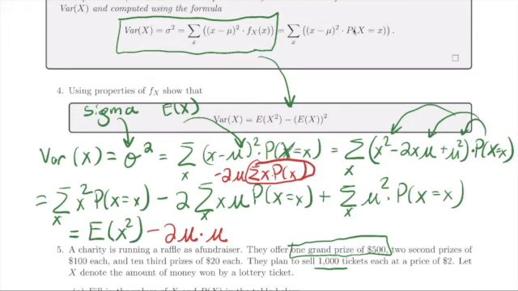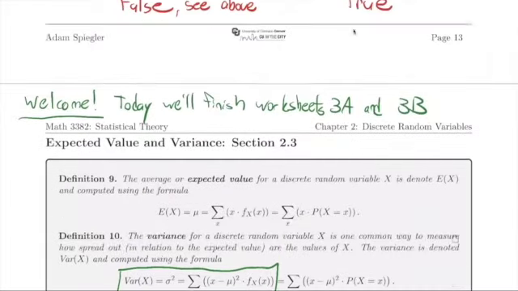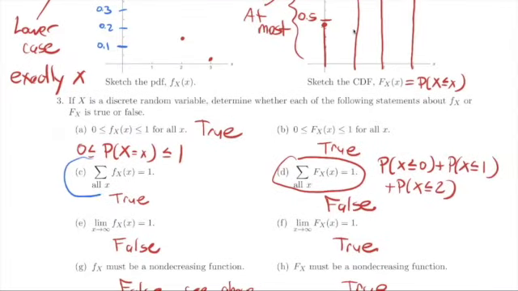And for the last piece, this is constant as well, so that could come out. But we still have to deal with the sum of all of the probabilities. And remember, when we have a probability distribution, if we sum the probabilities over all of the possible outcomes x, we saw last time that all of these probabilities should add up to 1 because they need to exhaust the full sample space.